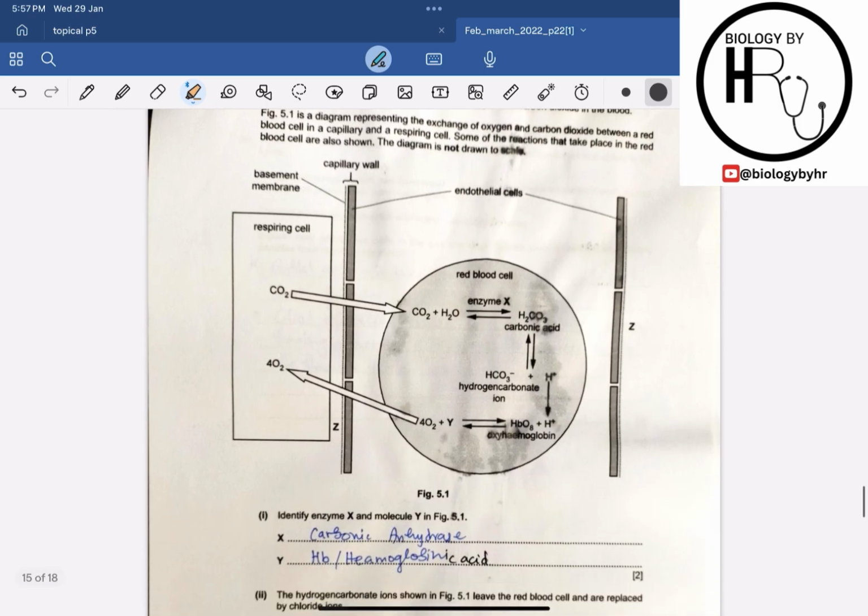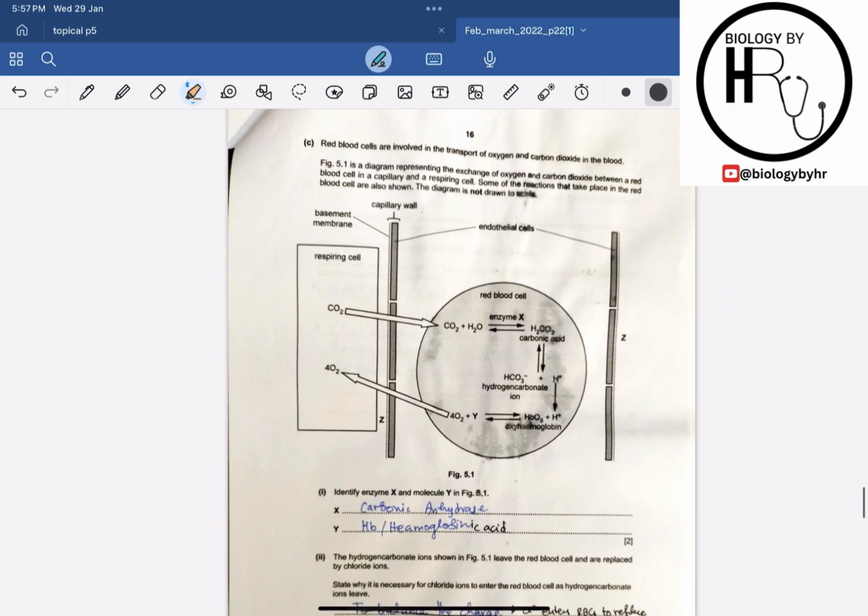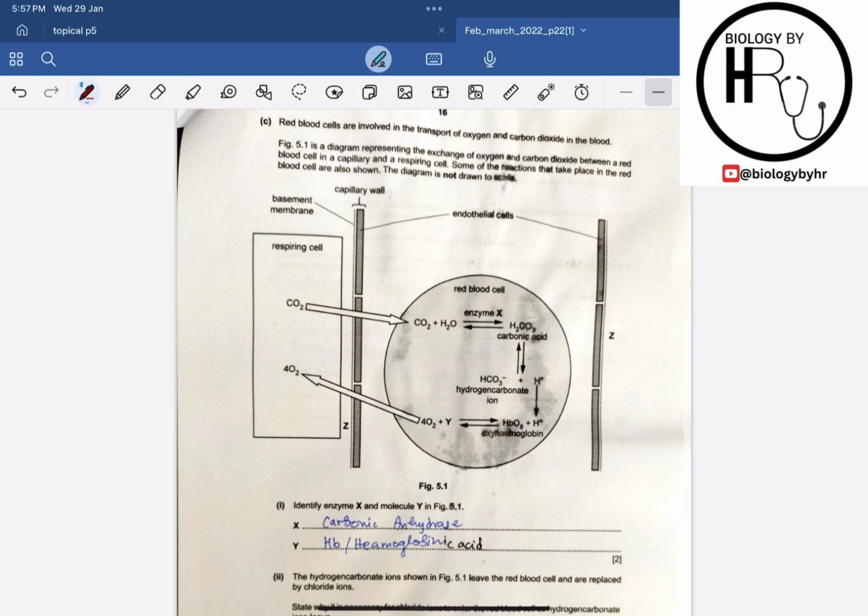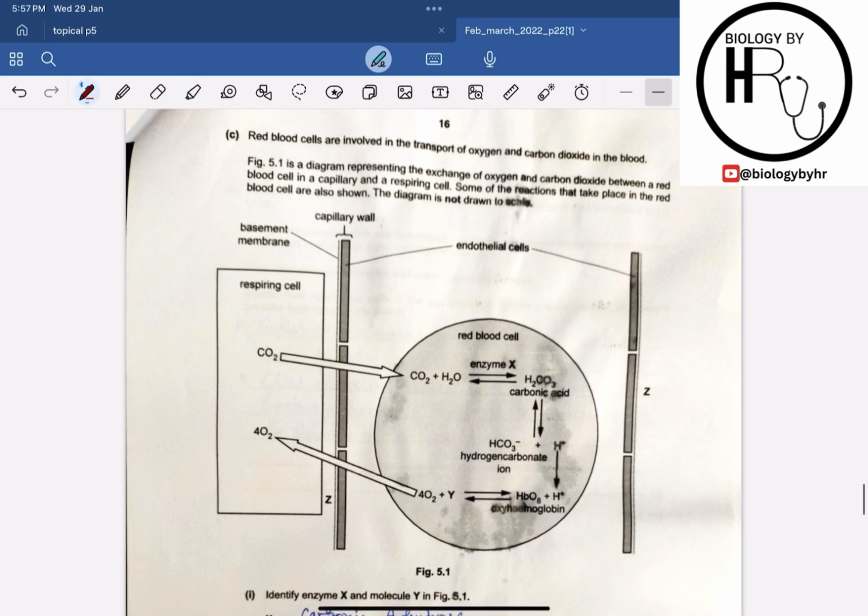Now let's move on to part C over here. Part C is basically about the transport of carbon dioxide and oxygen. In the figure, Figure 5.1 is a diagram representing the exchange of oxygen and carbon dioxide between a red blood cell in the capillary and a respiring cell.